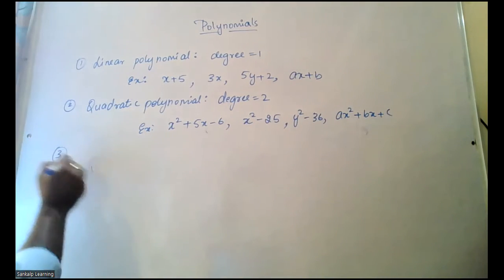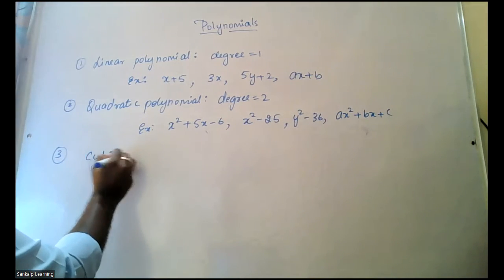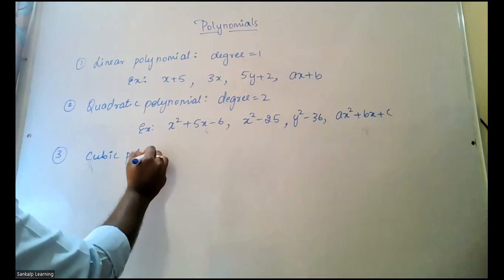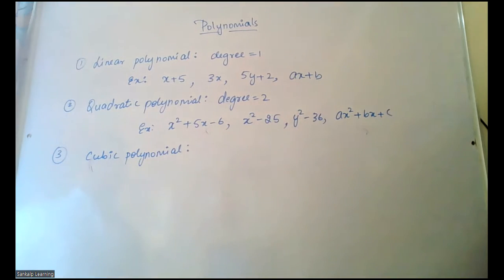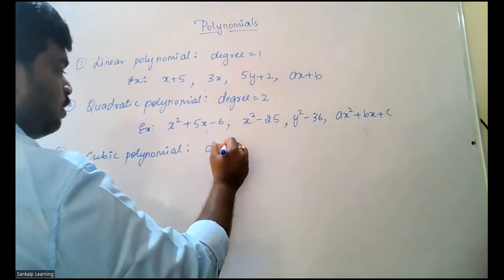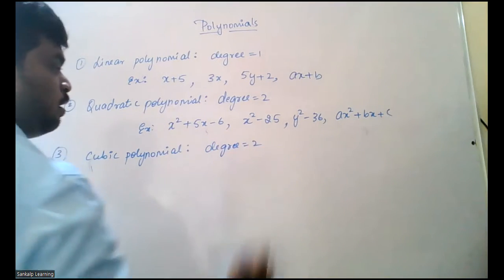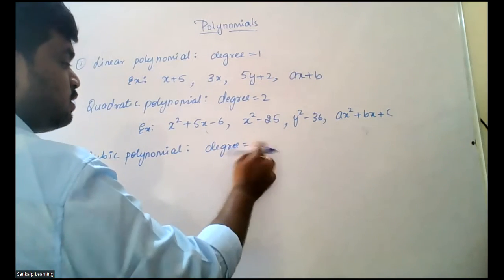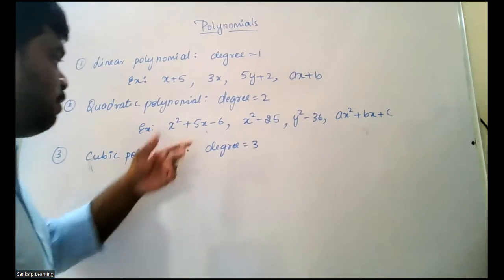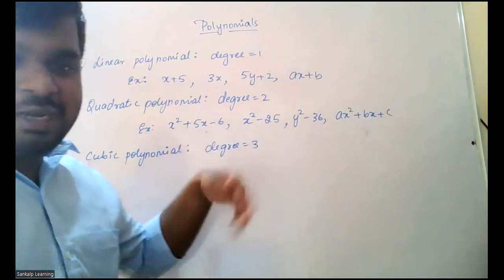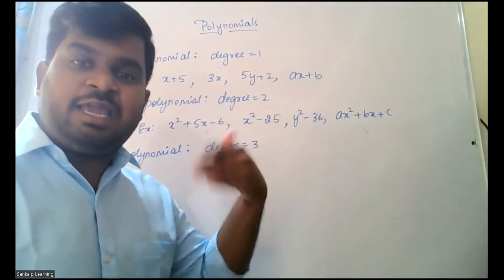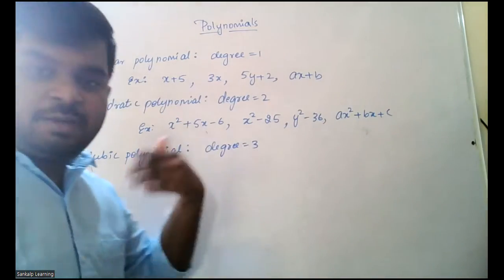Let's take the third one, known as cubic polynomial. What is a cubic polynomial? Sorry, the degree is 3. And here in the previous one, these are known as polynomials. And if we equate it to 0, it becomes quadratic equations. Now it is a quadratic polynomial.